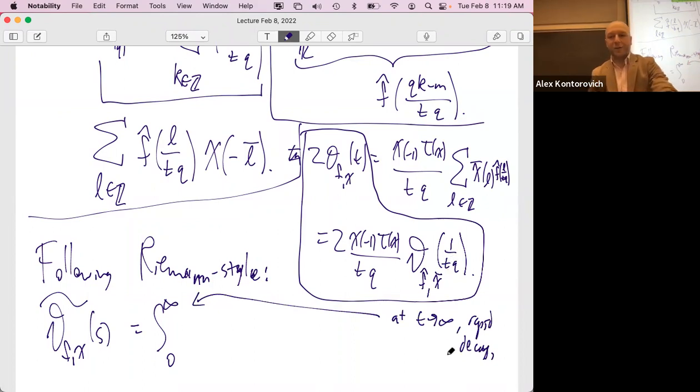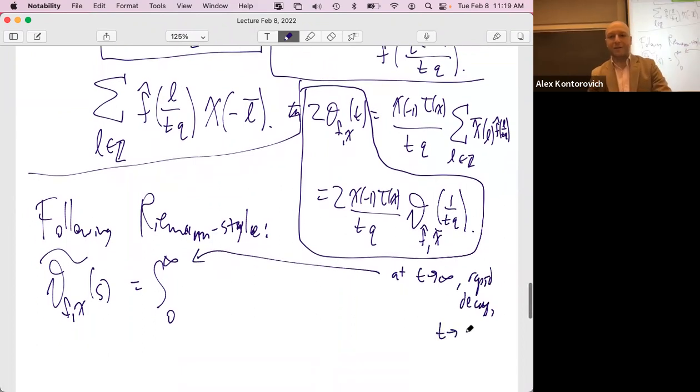As t goes to 0, the thing is decaying, but I have a 1 over t here, so I have to be careful. So the real part of s is sufficiently large, bigger than 1 or something.